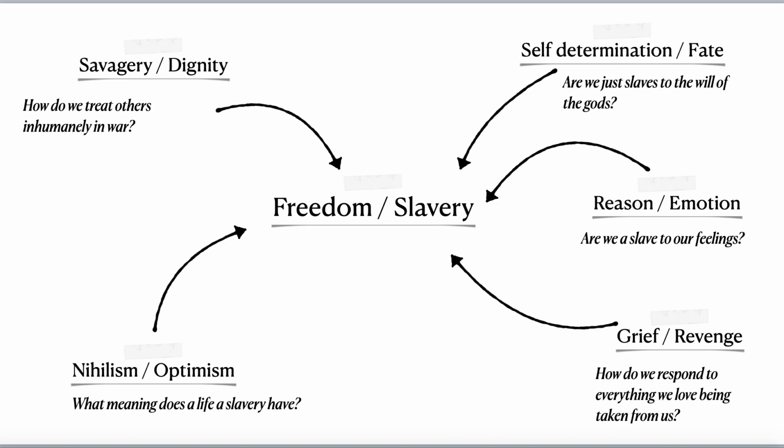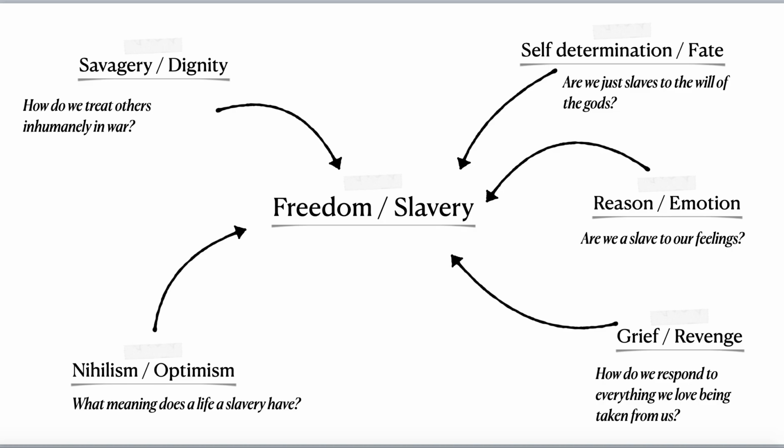Are we slave to our feelings? Can we be rational, or do our emotions always control us? What leads us to be inhumane and savage in war, and to treat people in an undignified way and enforce slavery upon them?